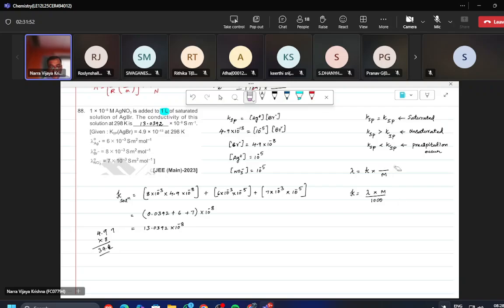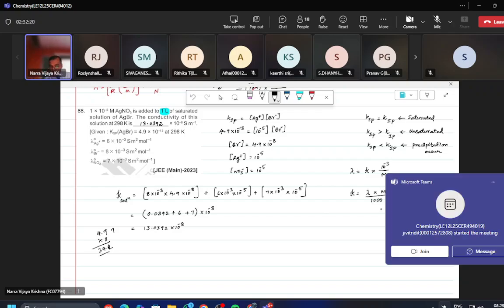This becomes 10 power minus 3. Why? See the units. It is not centimeter square. It is meter square, na? Siemens meter square per mole means lambda is kappa into 10 power minus 3 by molarity. If it is Siemens centimeter square per mole, it means kappa into 1000 by molarity.